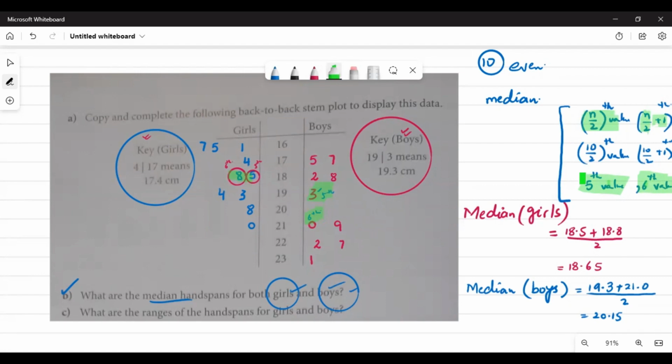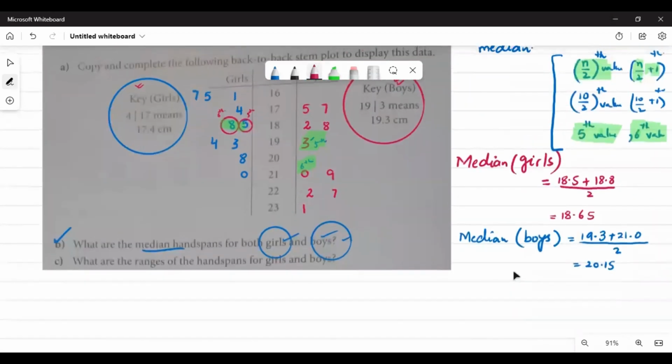So the next part of the question is, for the same question, you have to find the range for the boys and for the girls. First of all, I am finding the range for the boys. As you know, the formula for the range is xm minus x naught.